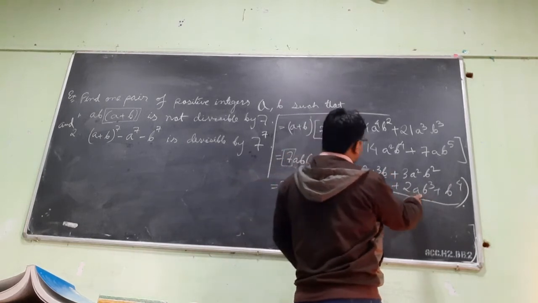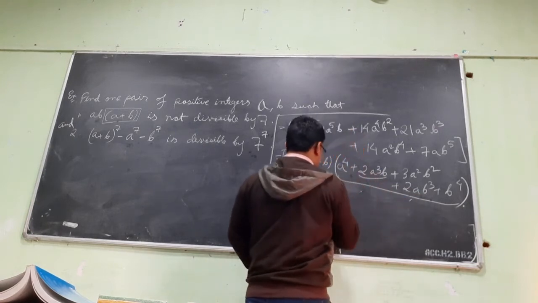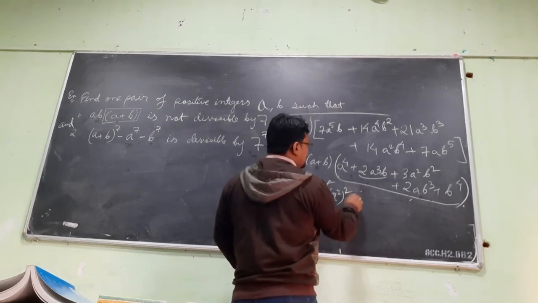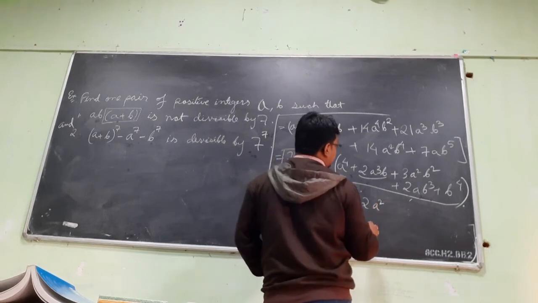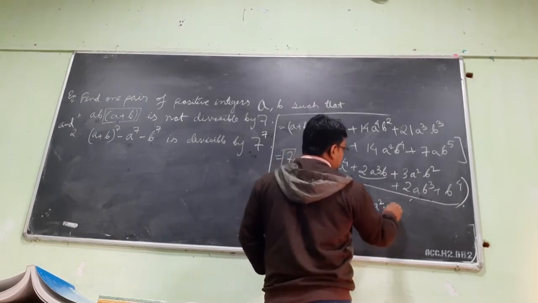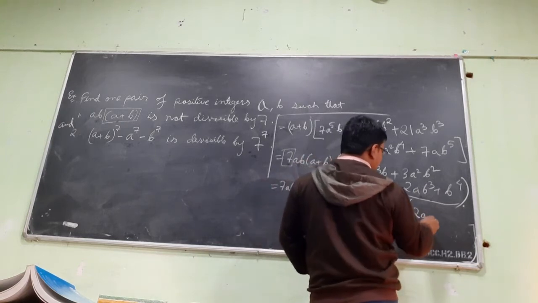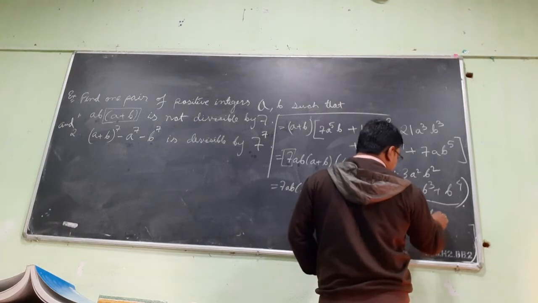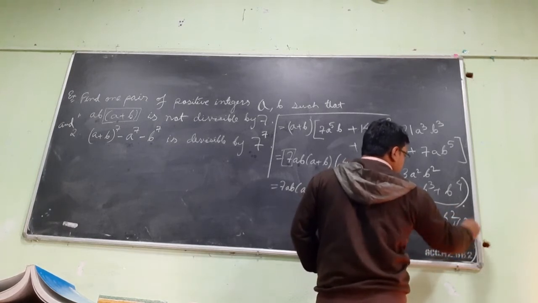Another one, so I can write this as a square whole square, plus this can be written as twice a square into ab, plus this one as twice ab into b square, plus b square whole square.